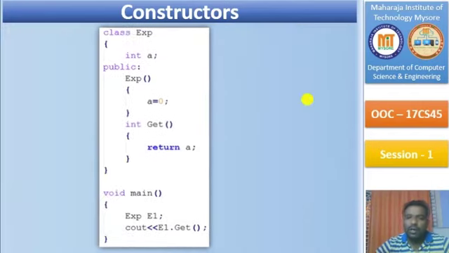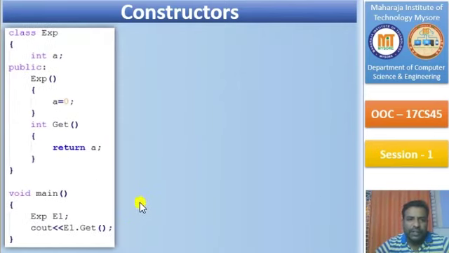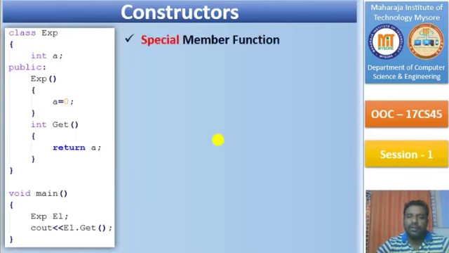So this is a good way of defining a constructor inside the class. Using this example, note down what a constructor is and how it differs from other member functions. The very first point, as I told, is that a constructor is a special member function.